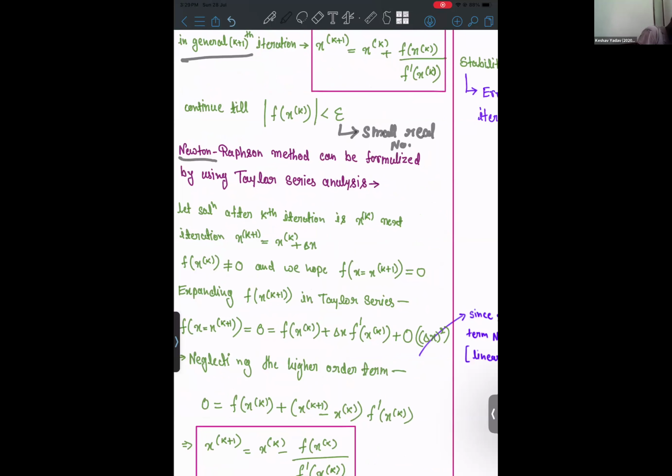Now, the Newton-Raphson method can also be formalized by using Taylor series analysis.